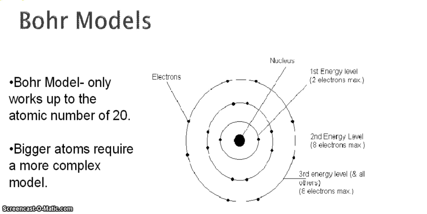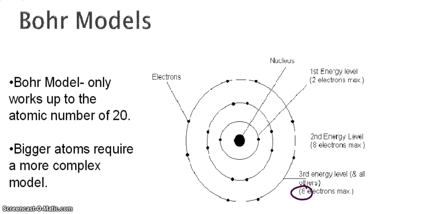So on your last page, you'll notice that the 3rd energy level said it could hold 18 electrons. But for the Bohr models we are going to draw, the most we are going to put in is 8 in the 3rd energy level. And that's because larger than 20 electrons starts getting into more complex models, and that's why Bohr is not our current model. But he was very, very close.